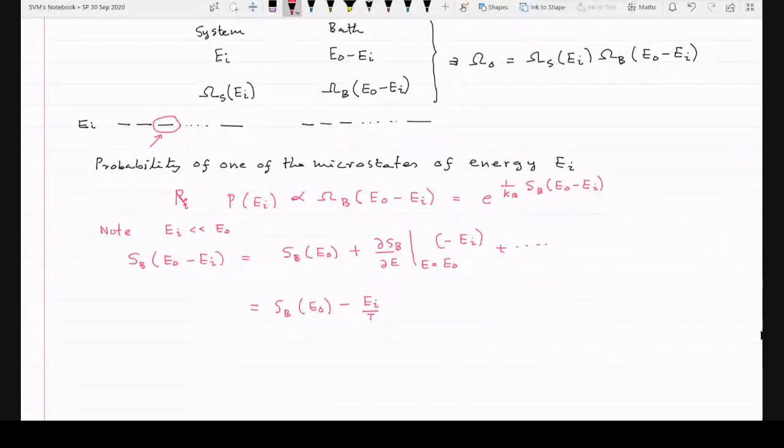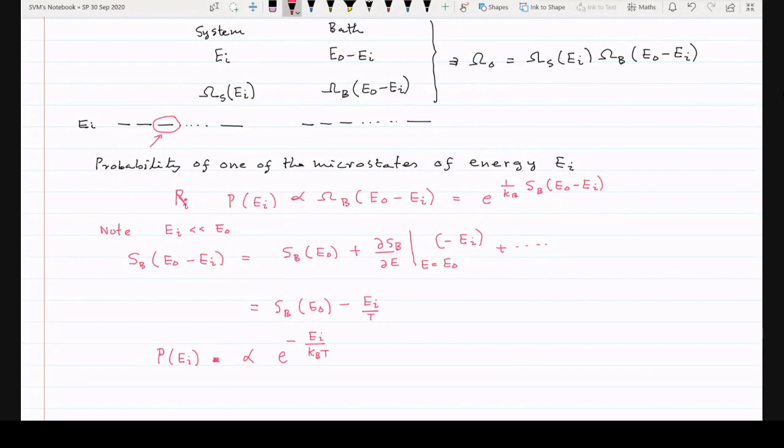So I can write down P of EI is proportional to e to the power minus EI by kBT.